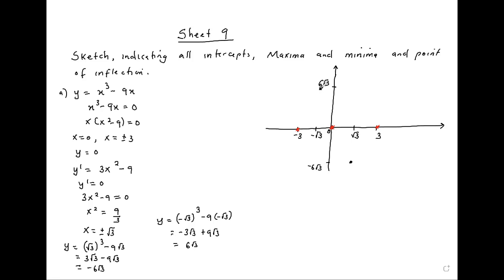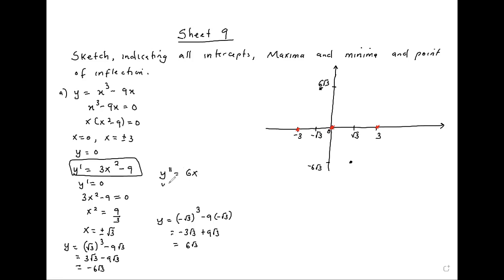I think everything is known. Or if you are not so sure, you can also get the second derivative. So y double prime is going to be 6x. And then substitute each of these points.